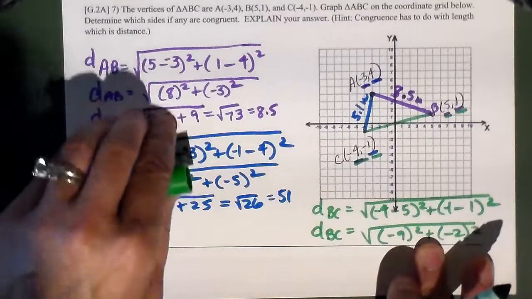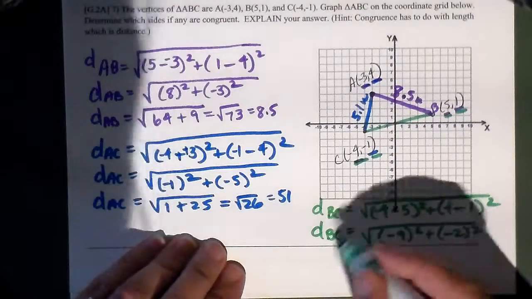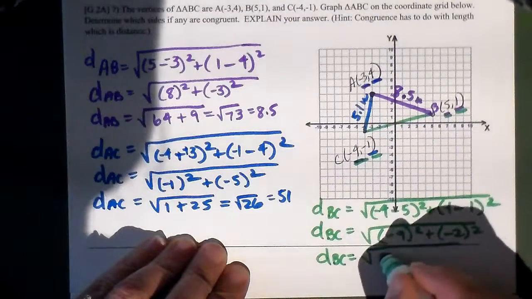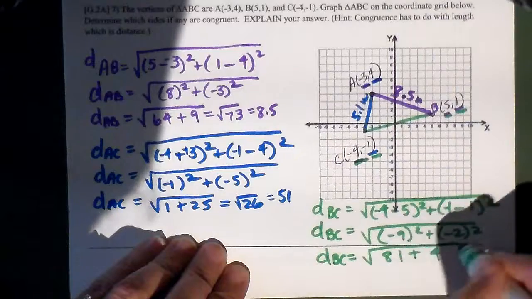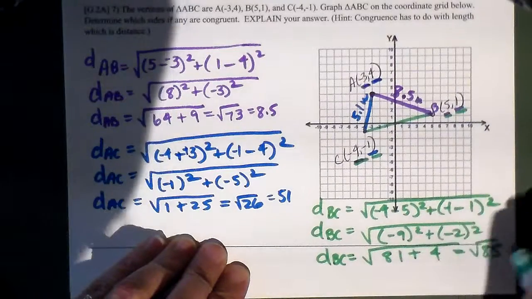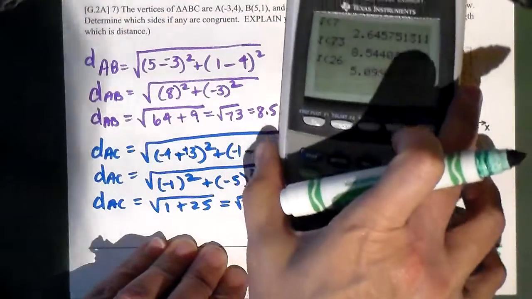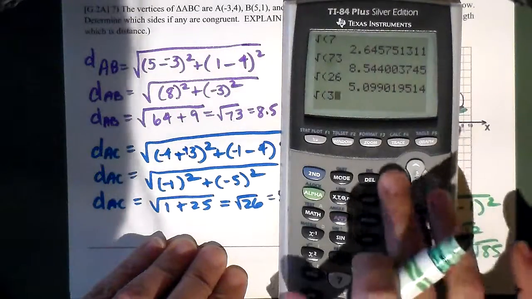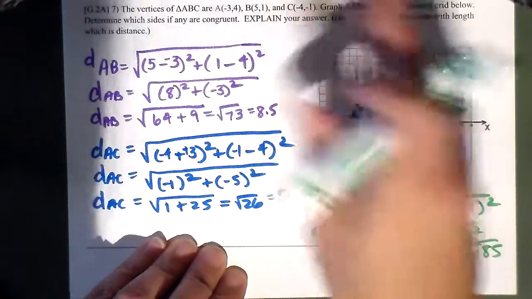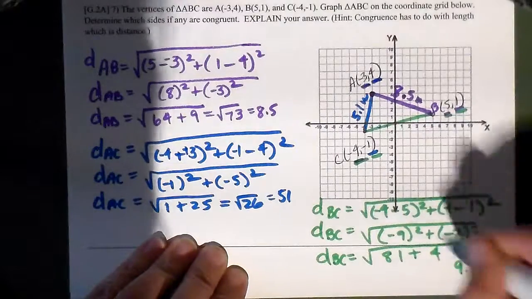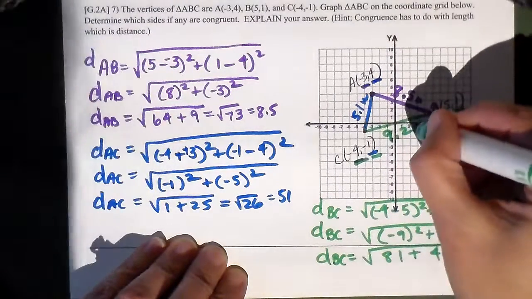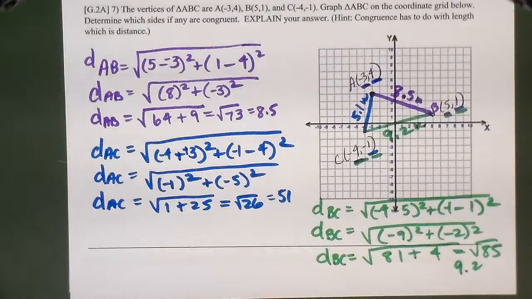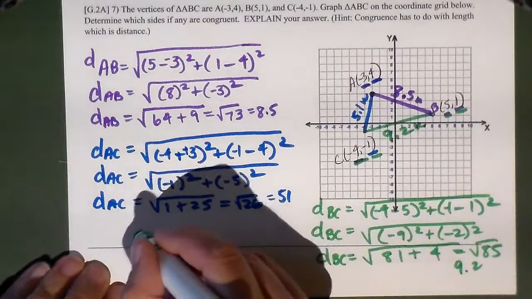And you can already tell that doesn't look like anything else that we have, but we'll go ahead and figure it out. So -9 squared is 81. 2 squared is 4. So we have the square root of 85, and that's not going to be the same as anything that we have. Square root of 85 is 9.2. So this guy's 9.2. So that's 9.2 units, that's 8.5 units, and that's 5.1 units. So what kind of triangle is this? Scalene.